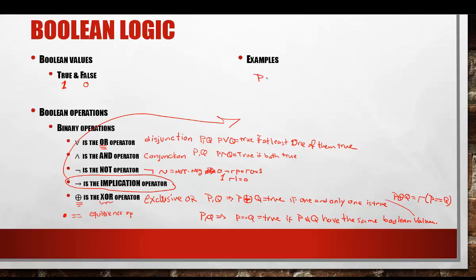P implies Q is a special kind of operator. Let's talk about it the other way. It's going to be false if P is true but Q is false.